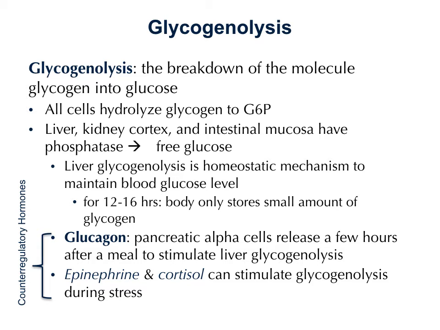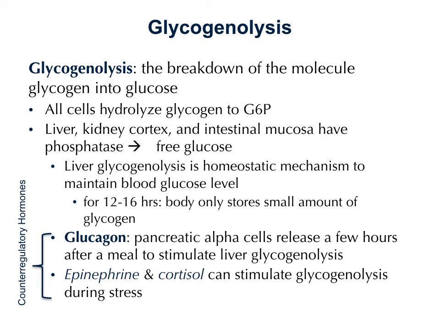The pancreatic hormone glucagon acts in the opposite direction of insulin. It is released from the pancreatic alpha cells, and it will stimulate the liver to break down glycogen and release glucose into the blood, hence maintaining that homeostasis of your blood glucose.